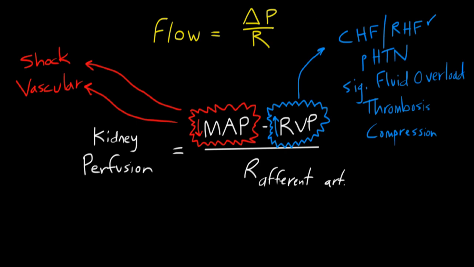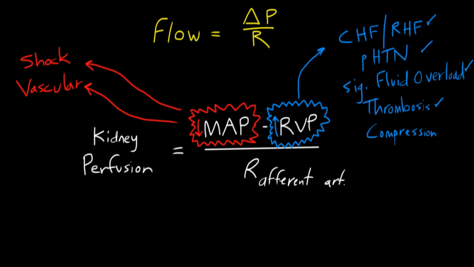So sort of in the similar category, severe pulmonary hypertension that's causing right heart failure can do this. And really any cause of severe, significant fluid overload will expand extracellular fluid and can increase IVC pressure and ultimately the renal venous pressure. But also consider some other causes that are maybe less common, like thrombosis.